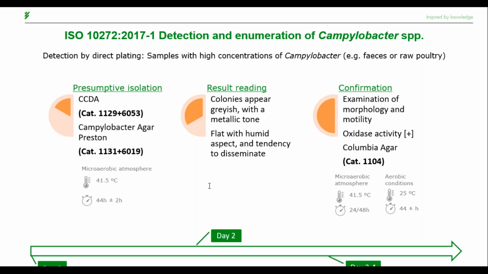Currently, the beta-lactams are the selective agents that this reference method applies. At the moment, there is not a huge problem with resistance for Campylobacter. I think it is more a consequence affecting all bacteria, not only Campylobacter.